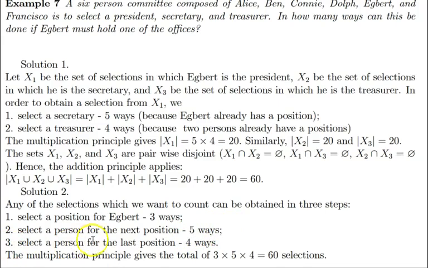And step 3, select a person for the last remaining position. Now 4 persons are available. We have 4 choices. And the multiplication principle applies. 3 times 5 times 4 is 60 selections. Again, the same number as in solution 1.